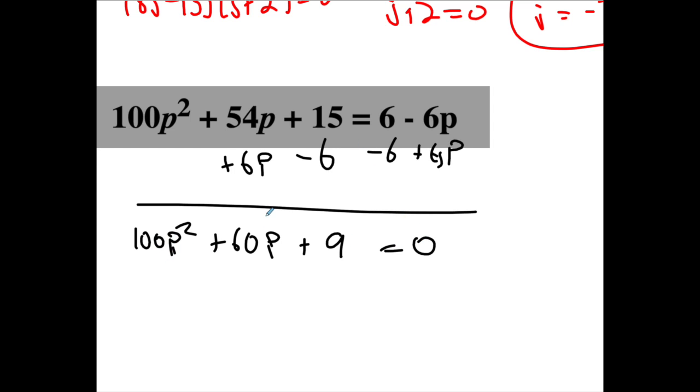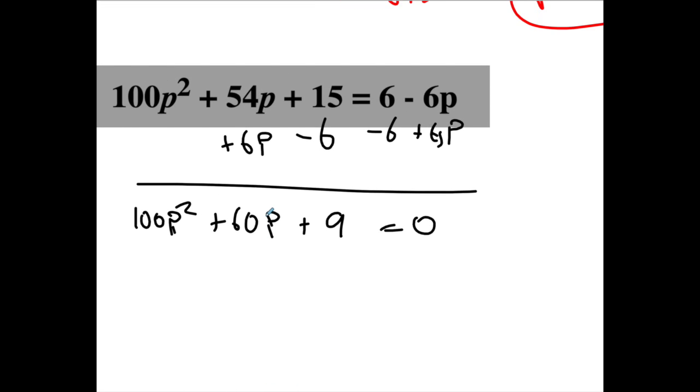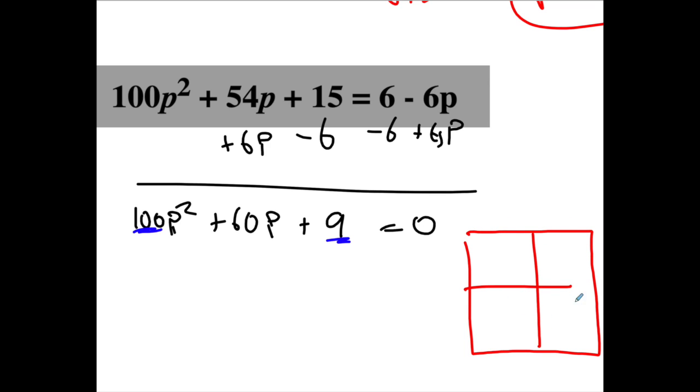Okay, and interestingly, this is going to be factoring, but what's interesting is that the first number, the a, and the c are both perfect squares. So when I do my box, I know that this is going to be a 9 and it's going to be 100.